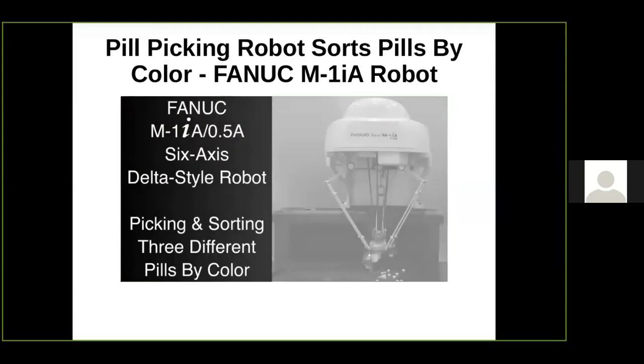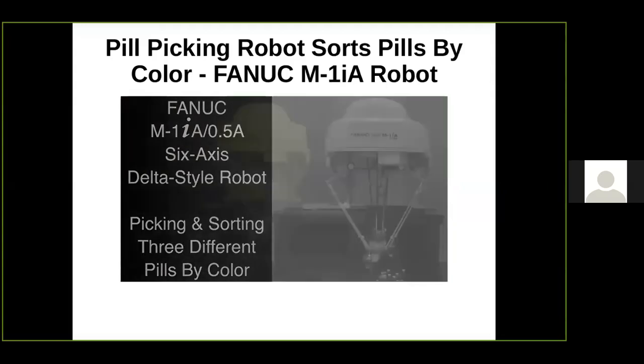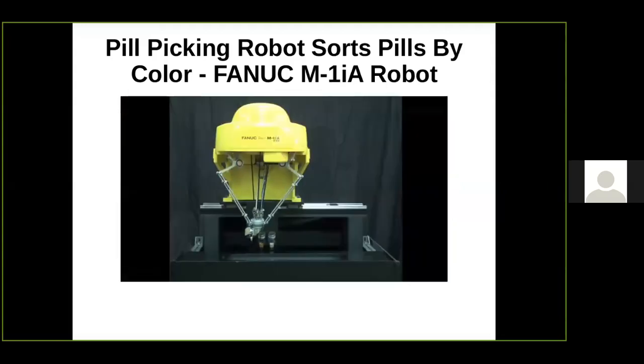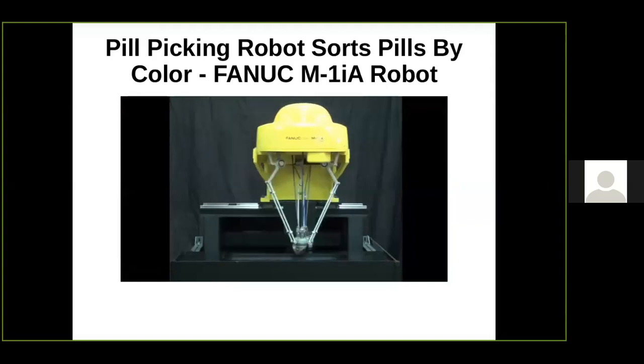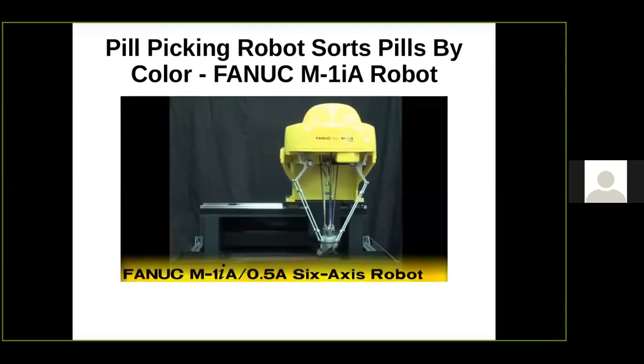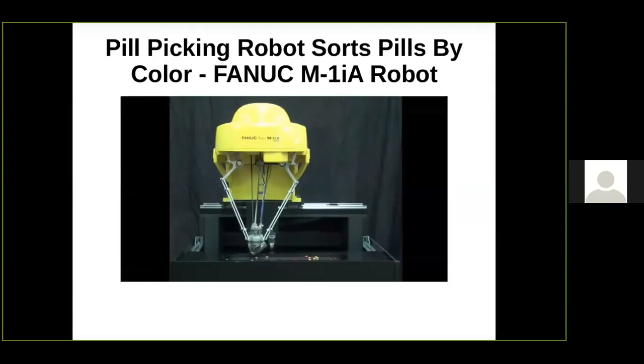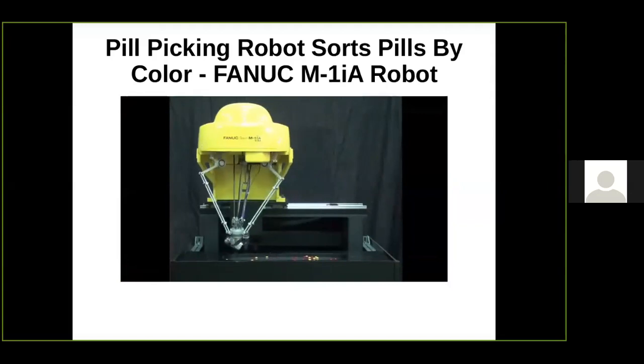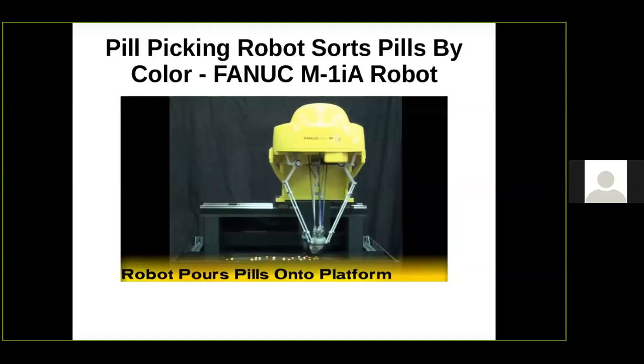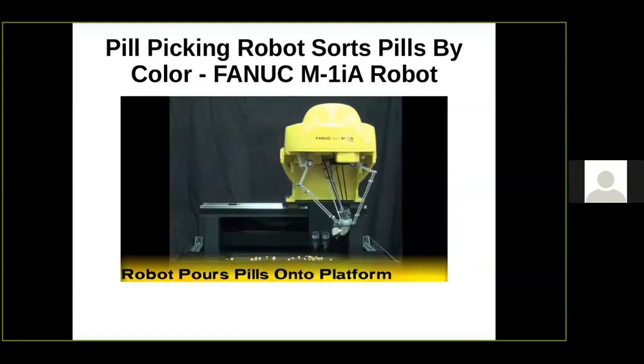Here you can see a Delta style robot which is going to pick up 3 different colored pills. It is taking the yellow pills and dropping them on the plate, and now it is taking the white pills and putting them on the plate.